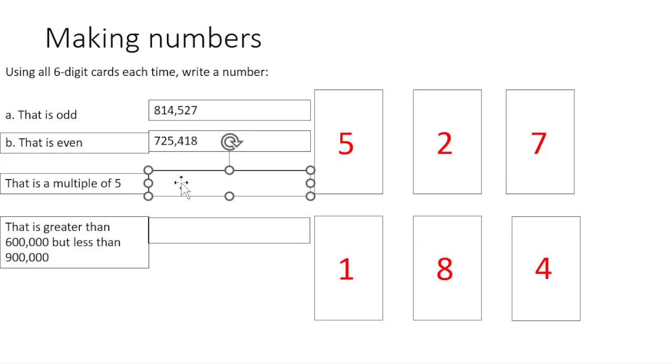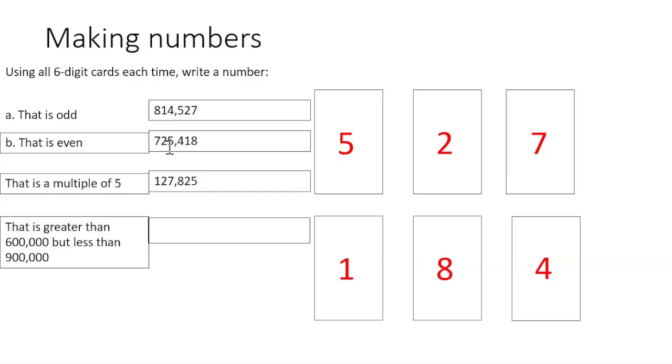So this time let's go for 127,825. We know that this number is divisible by 5 because if they're in the 5 times tables, they always end in a 5 or a 0. So that's quite a nice and easy one because we just had to pop a 5 on the end of that number.